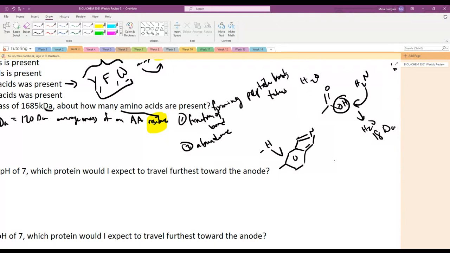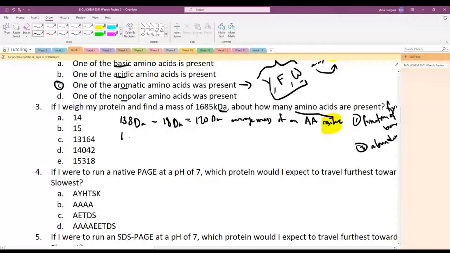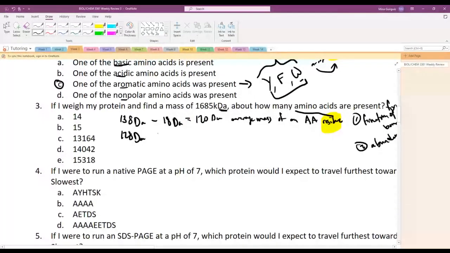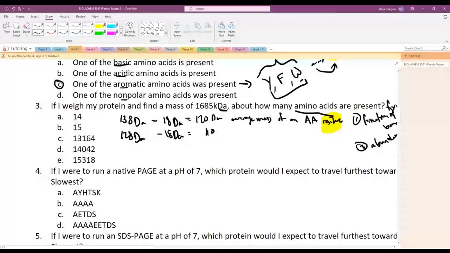The average mass of an amino acid based on percent abundance is 128 Dalton. Once again, we have to subtract that 18, and we get 110. So this 110 number is usually the number that we end up using, because this is the average mass of an amino acid residue based on percent abundance.